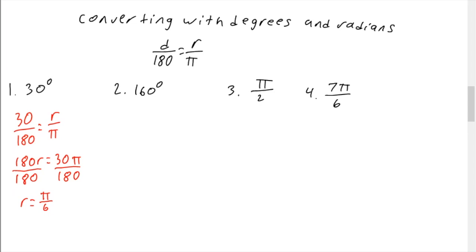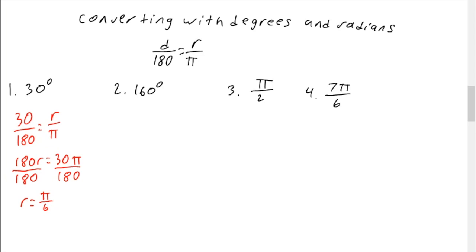Another way you can think of it is pi is 180 degrees, and 180 degrees divided by 6 is 30 degrees. So that's what we're doing. We're just taking pi, which is 180 degrees, and dividing it by 6. So just think of 30 degrees as 1/6 of 180, or 180 divided by 6.